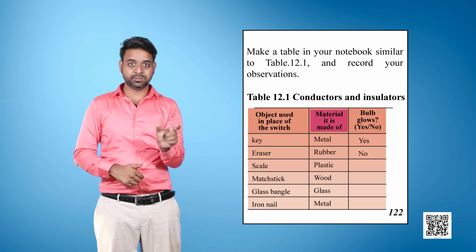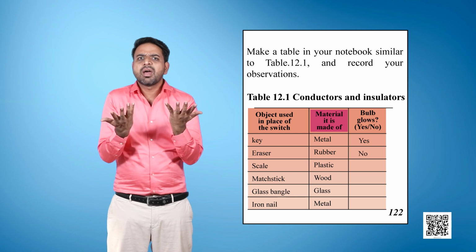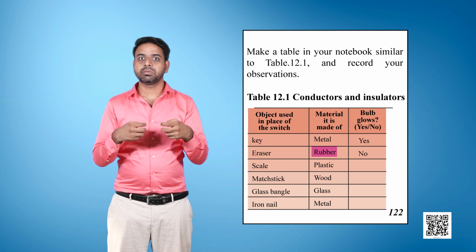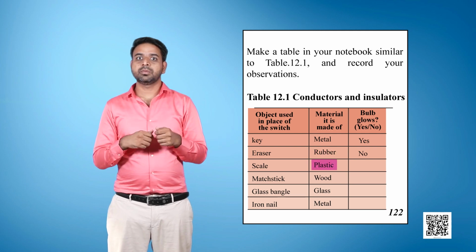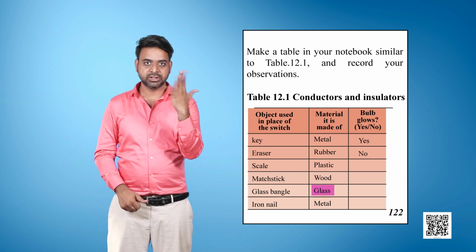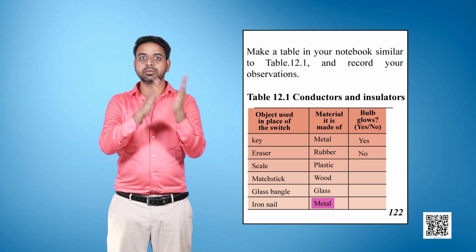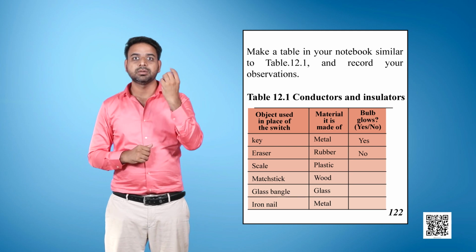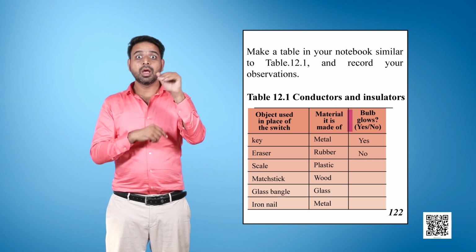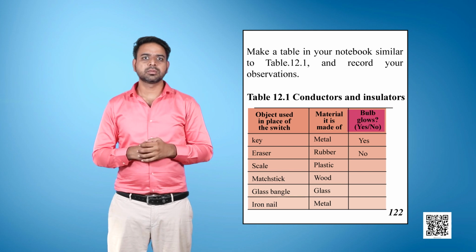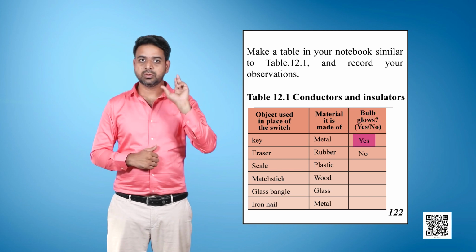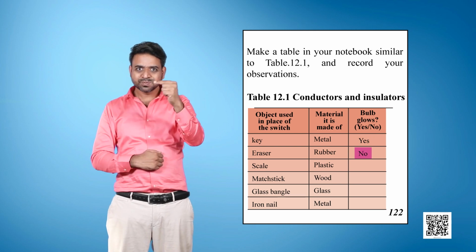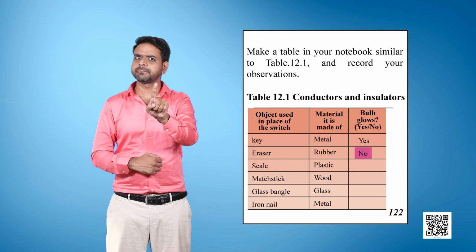Material it is made of: metal, rubber, plastic, wood, glass, metal, respectively. And for the third column, bulb glows yes or no. In first case, yes. In second case, no. For the rest of the objects, complete the table according to your observation.